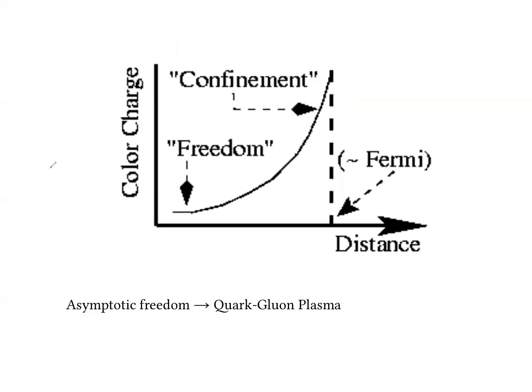Now if we look at this force, if I plot the distance in this direction and the color force in this direction, then if we go closer, let's say we have one proton here inside the nucleus and another proton here inside the nucleus. Inside the nucleus, they are held tightly together because of the color force.